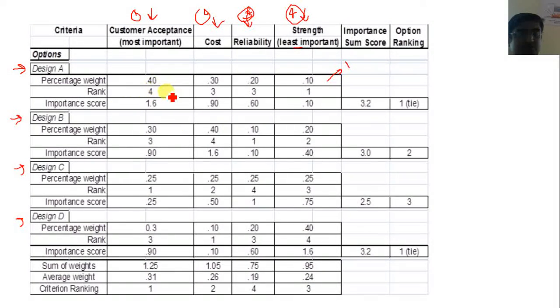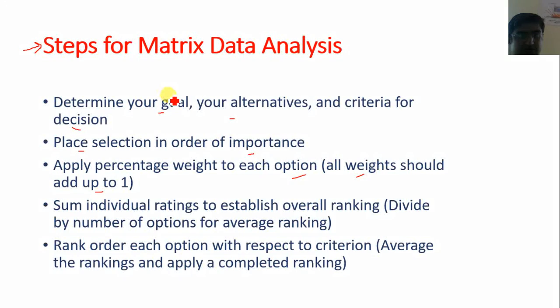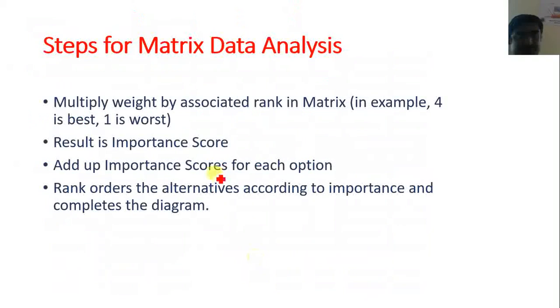And here you also have to place the values of rank. So how can we place the value of rank? Some individual ratings establish the overall ranking. First of all, divide by the number of options for the average ranking, and rank order each option with respect to the criterion, or you can say the average of the rankings, and apply the completed ranking.